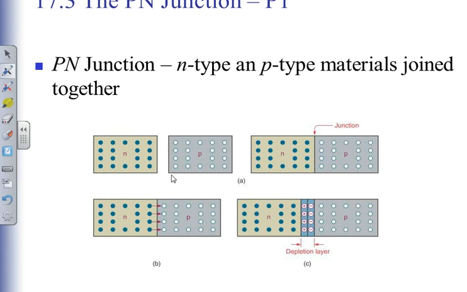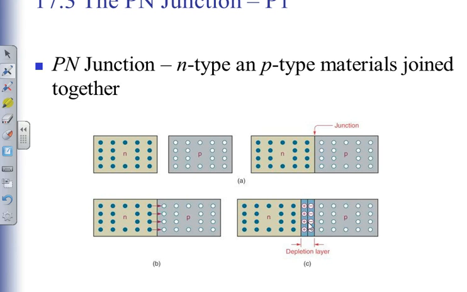All right, so now if I take my P material and my N material and bring them together at some junction, they'll attract each other. The positive and negative charges are attracting each other, and I end up with a depletion area between them.